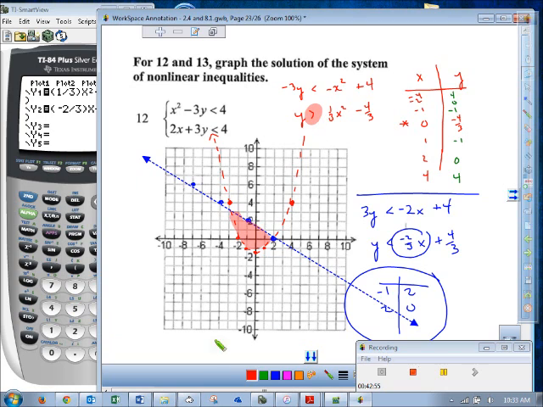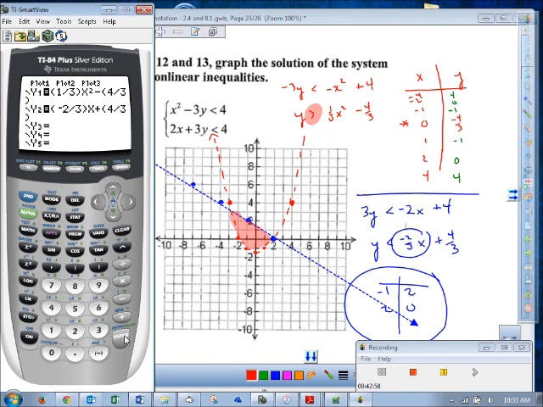If I go back to it and I hit enter, that makes it thick. If I hit enter again, you see how it fills up that whole upper right-hand corner? That shades above. And the other one, where do we want it shaded? Below. So if I hover, hover, hover, see how that goes to the bottom corner right there? That will shade below. Now if I graph it, it will shade it for me also.